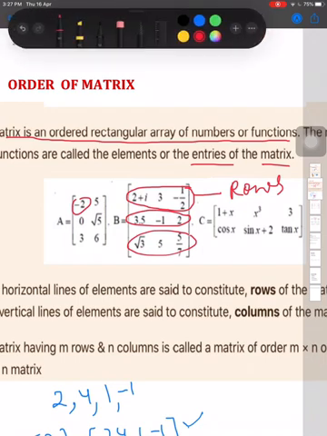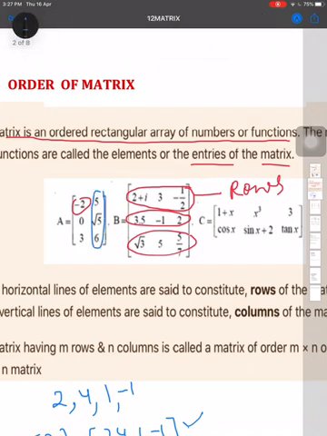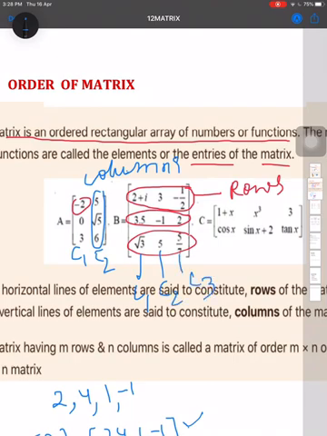Now here these are called the columns. So in this there are 2 columns, C1 and C2. Here in this there are 3 columns, C1, C2 and C3.